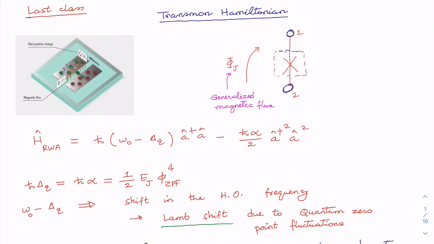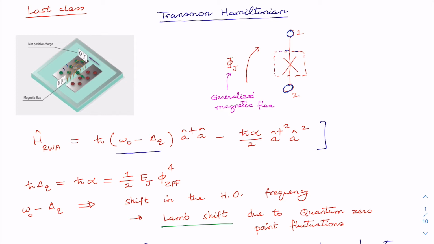So let us begin. In the last class, we continued our discussion on the transmon Hamiltonian from the previous one. Under the rotating wave approximation, the Hamiltonian for the transmon was written in this particular form, where h delta q is equal to h cross alpha, and it is related to the zero point fluctuation and the Josephson energy.